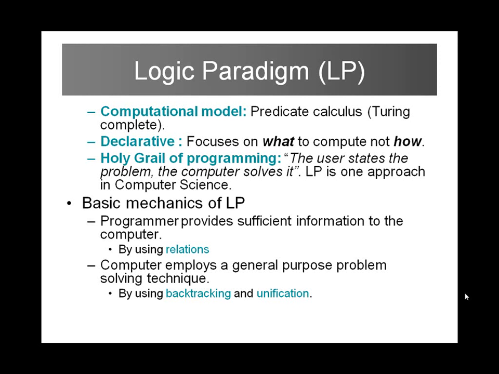So what it does is it uses a general purpose problem solving technique to solve the problems. And this general purpose algorithm is a combination of two steps: backtracking and unification. We'll be examining all these three concepts, that of a relation, backtracking, and unification, in the coming slides in more detail. Let's first look at the concept of a relation.